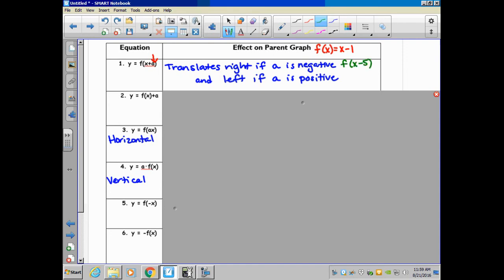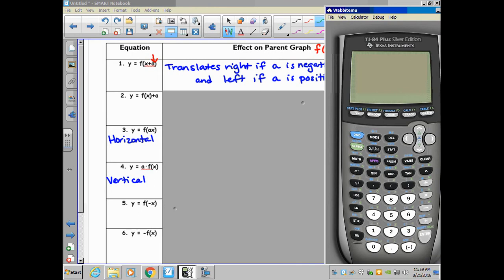And we're going to subtract 5 from the function. So basically what this means is I'm going to replace x in the original function with x minus 5. Okay, so it's x minus 5 minus 1, which is x minus 6.